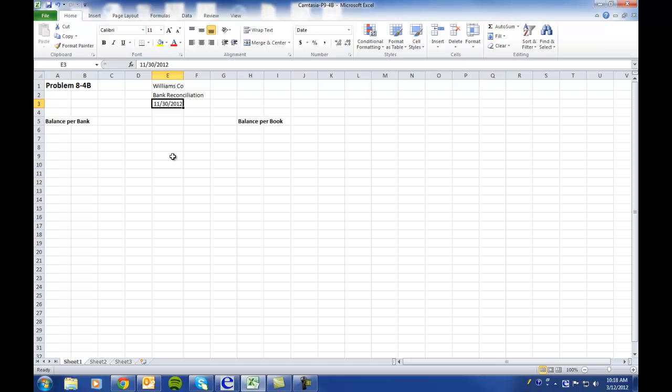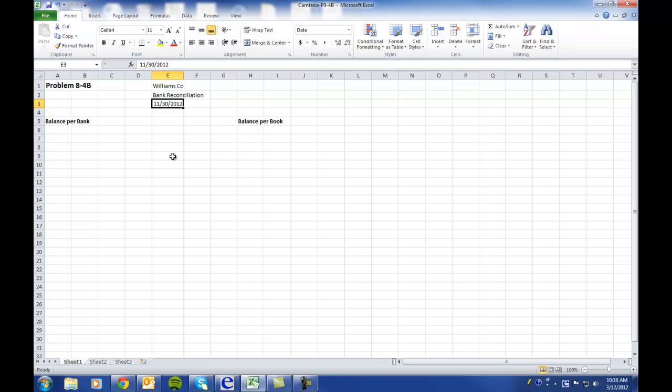So to start off, on page 405, it gives you some information regarding where to start off at. So just above the instructions, there lists two items. First, it says there was a credit for $1,375 and a collection for $1,300.